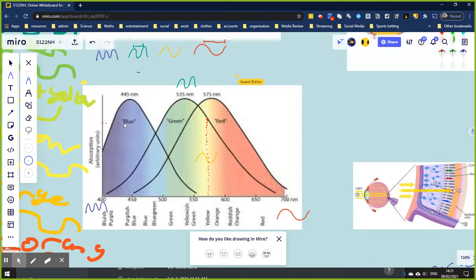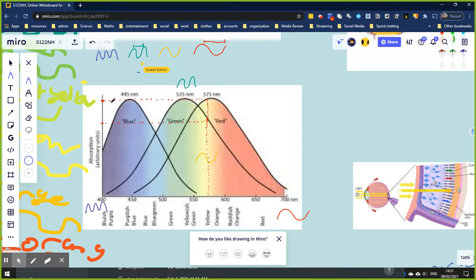So if I draw another dotted line over here, this tells me that the green cone can actually measure quite a bit. That's quite high on the graph. If I go up a little bit further, this one tells me that the red cone can detect a little bit more.